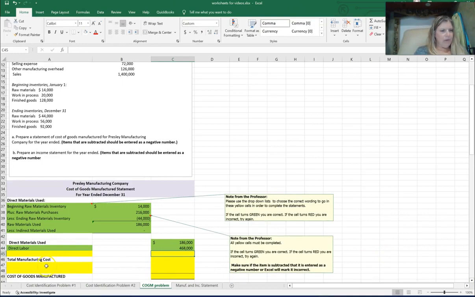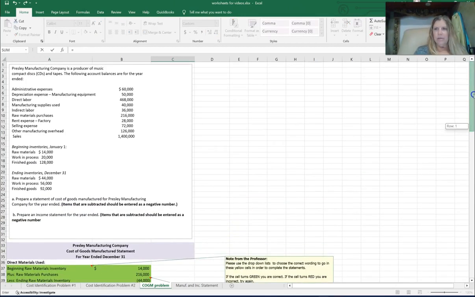And then we've got our manufacturing costs. So our overhead, manufacturing overhead, we've got to calculate that. We'll go up here and see if there's any indirect things that we need to account for.